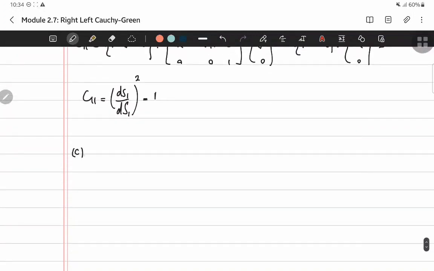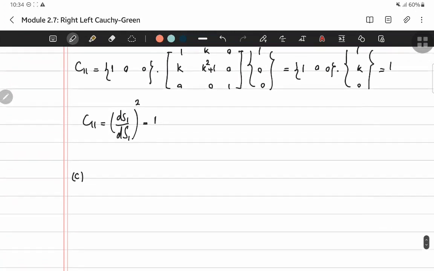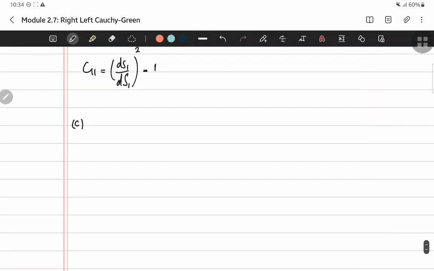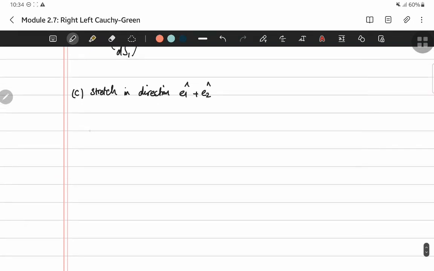Part B is similar to part A. So I'm going to go for part C, where it says to find the stretch in the direction E1 plus E2.